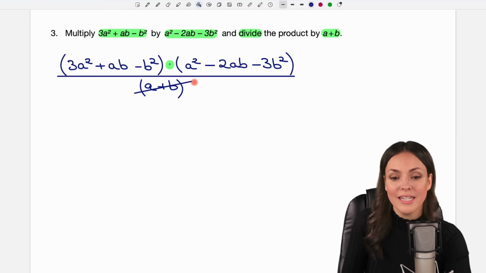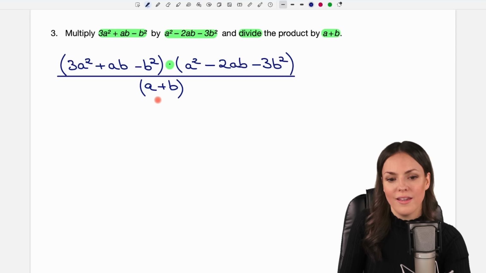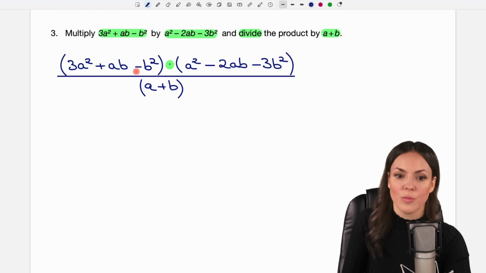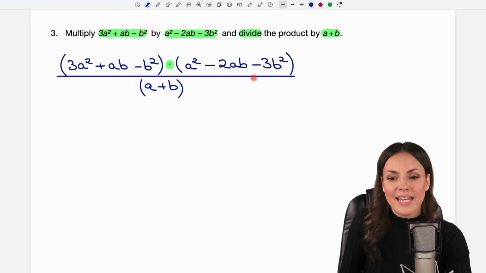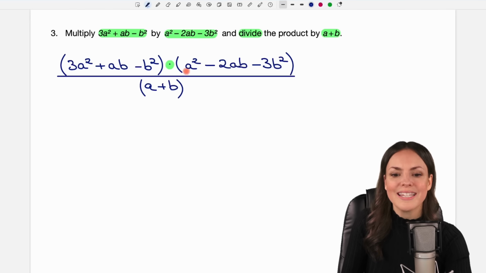So we have to see if we can cancel out a plus b. But we don't know if a plus b is a factor of this part here or of this part here. I think that the second factor here looks better because we have just a squared in here. So here we have 3a squared, which makes it a little bit more difficult. So let's try and take the second factor here.